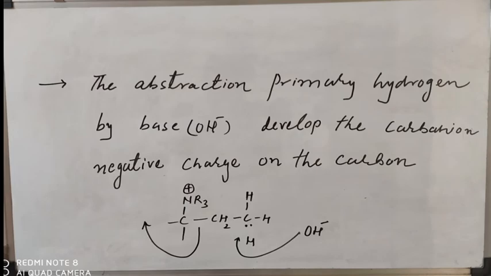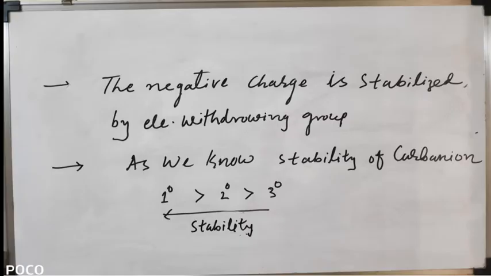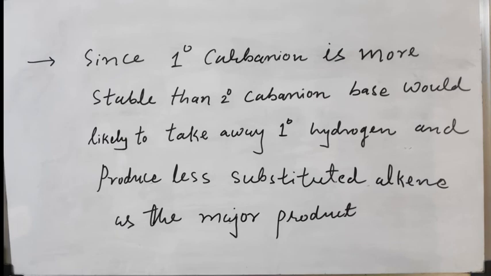Okay, so since the stability of carbanion is primary greater than secondary than tertiary, and since primary carbanion is more stable than secondary carbanion, the base would likely take away the primary hydrogen instead of secondary hydrogen, and produce the less substituted alkene as the major product.